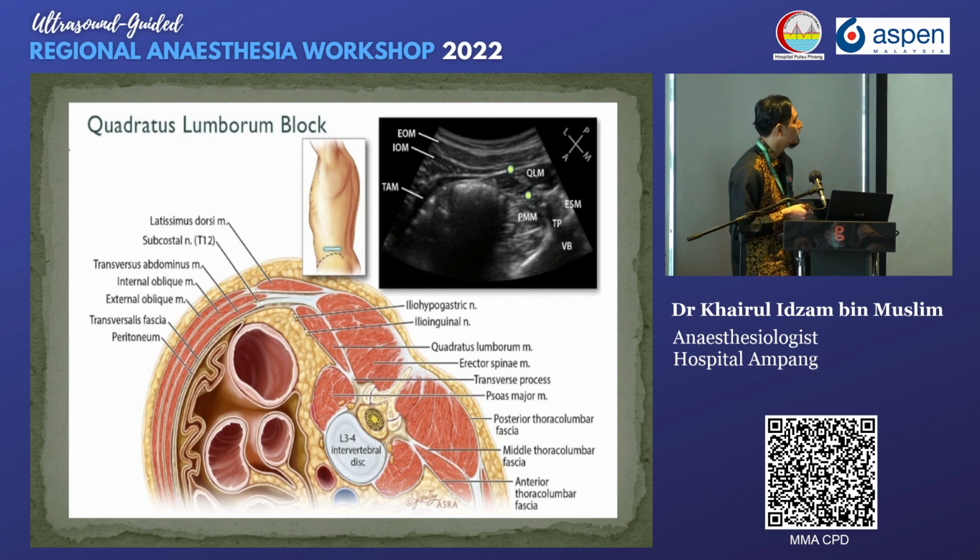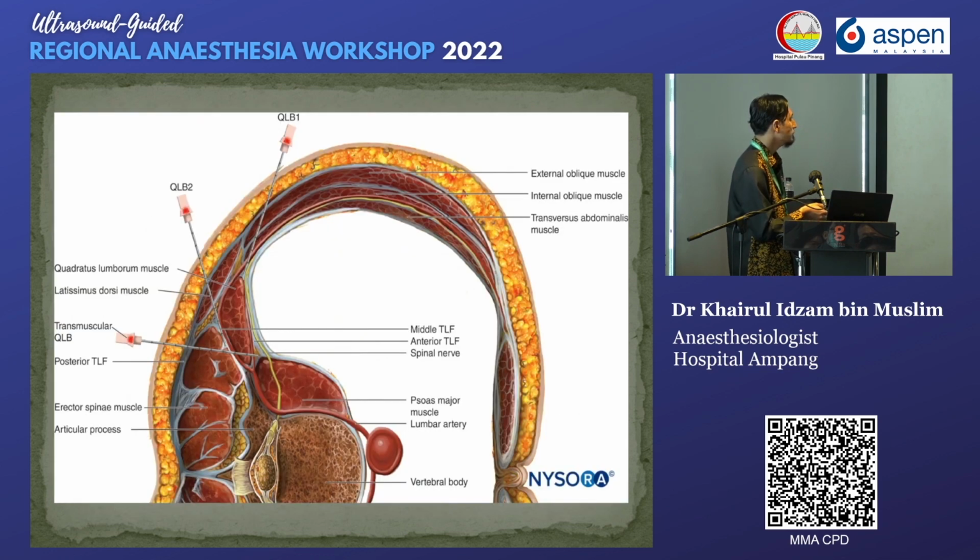Then we go posteriorly and we can identify the QL muscle, ESM, and psoas major. The most important structures that we need to identify are the transverse process and vertebral body. Okay. So these are the places where we want to inject our local anesthetic.